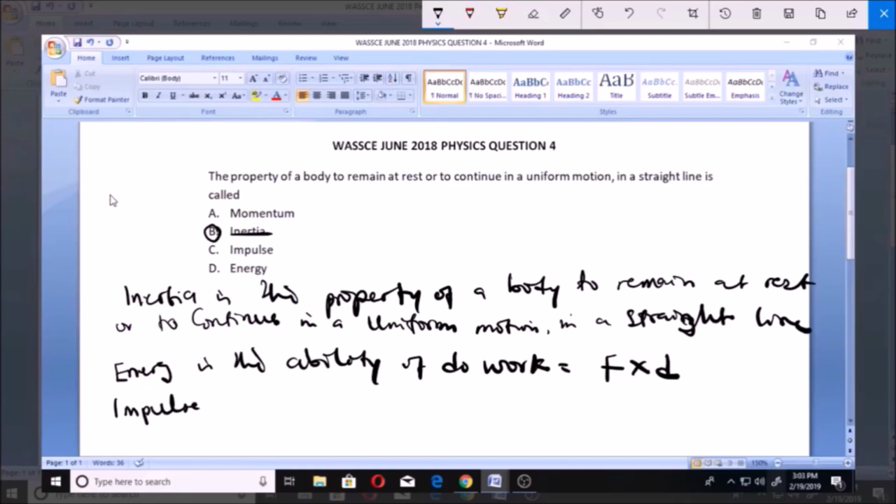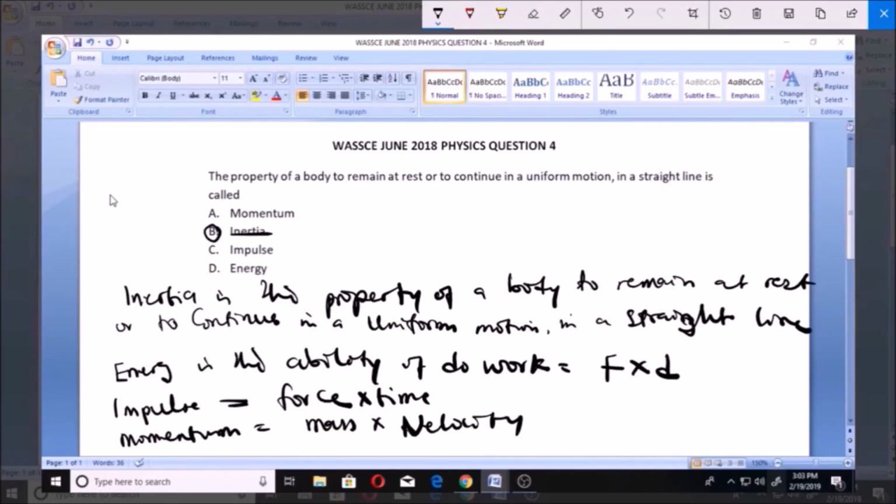Impulse is the impact of a force at a particular time or for a number of times. That's force times time. That's what impulse is. And momentum, what is the meaning of momentum? Momentum is simply the product of mass times what? Product of mass and velocity.